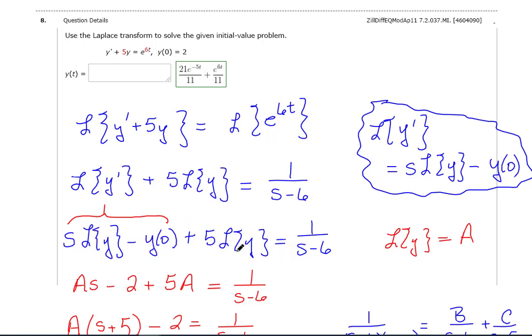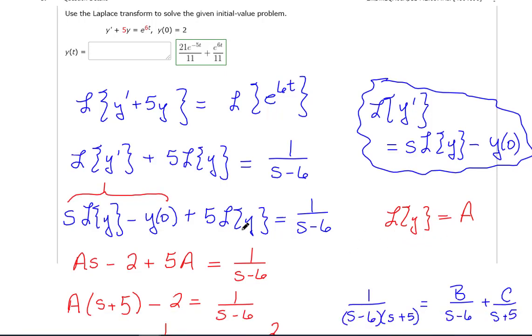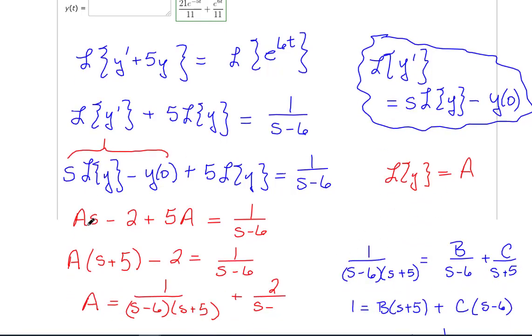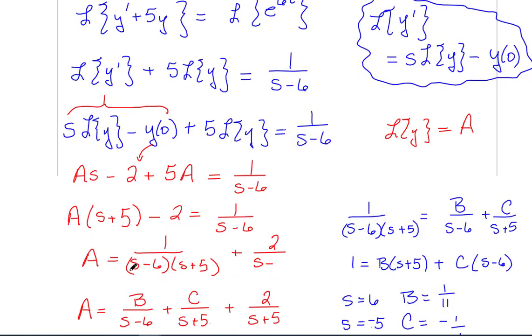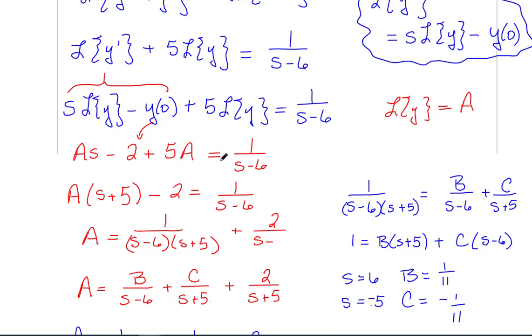Then 5 times the Laplace transform of y. So now I'm going to call the Laplace transform of y A. And so I get sA minus 2. Where did the 2 come from? The 2 was my initial condition, my y at 0. Plus 5A equals 1 over s minus 6.